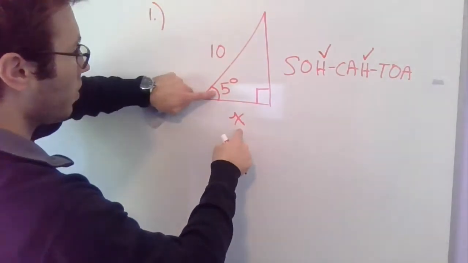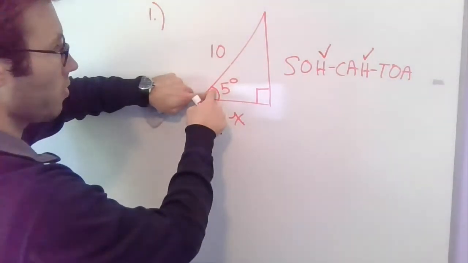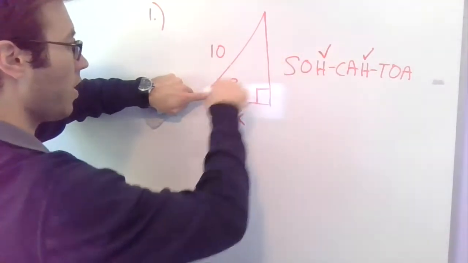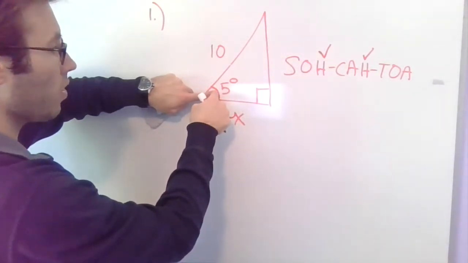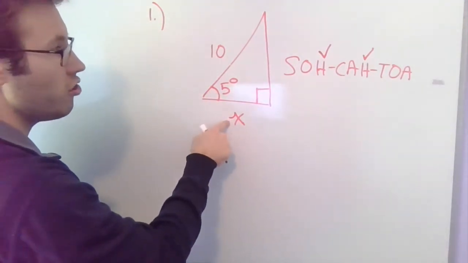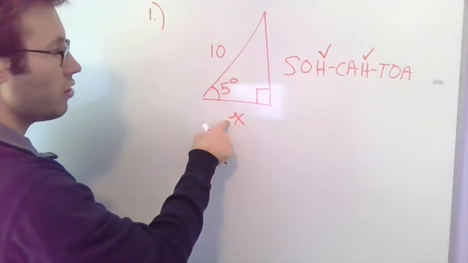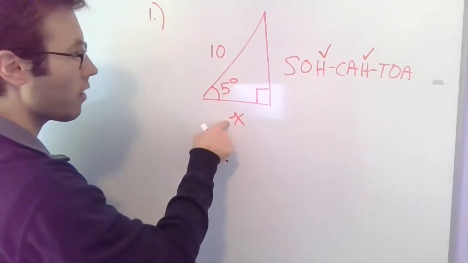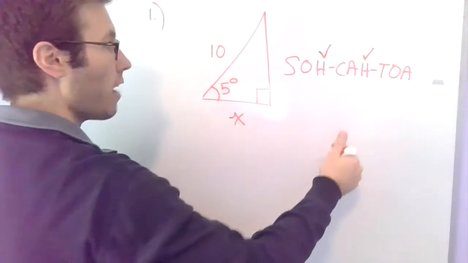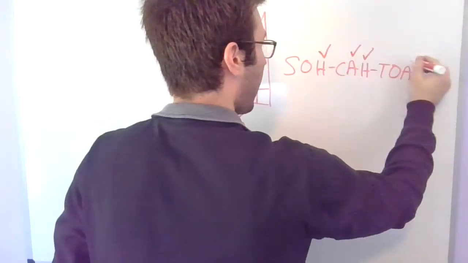This is my angle that I'm in reference to. This is the side that's opposite, and there's nothing here. The side that this angle is connected to, this x, is called the adjacent side. Adjacent starts with the letter A. So everywhere I see an A, I check it off.